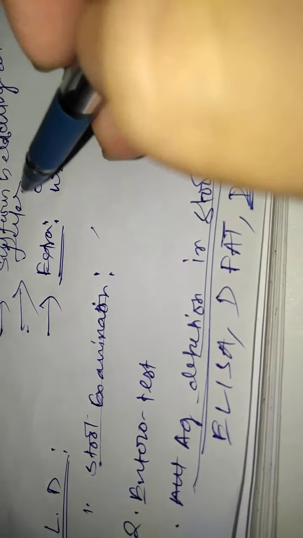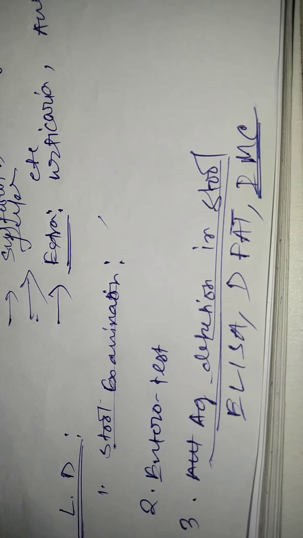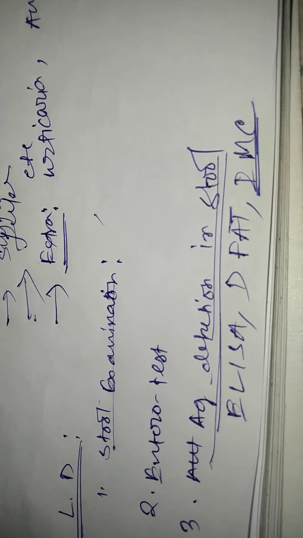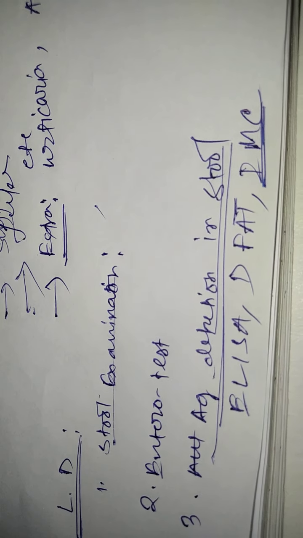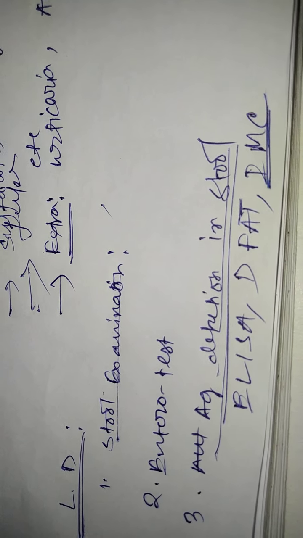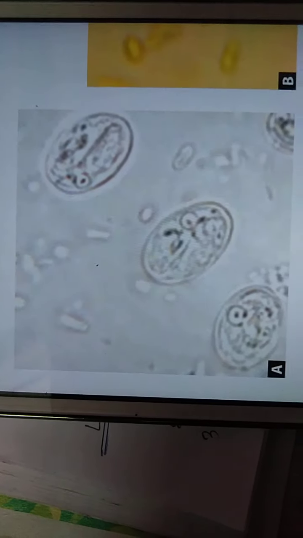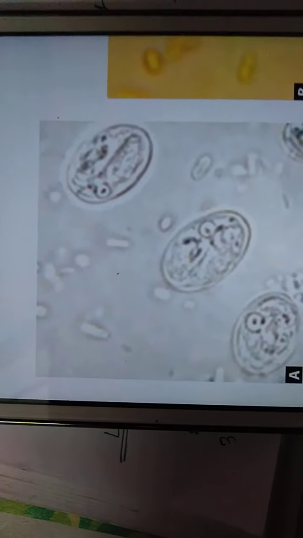Okay, I am showing you some images of the stool examination in wet mount and iodine mounting. This is the image. It is basically saline mount, right? And these are the cystic stages of this. This is an iodine mount stain of the cyst.